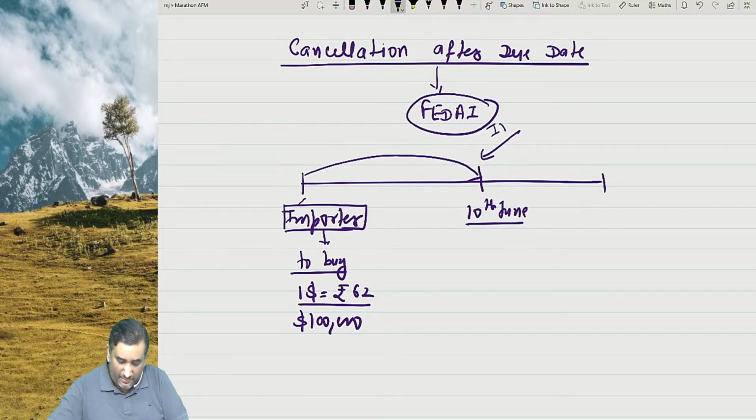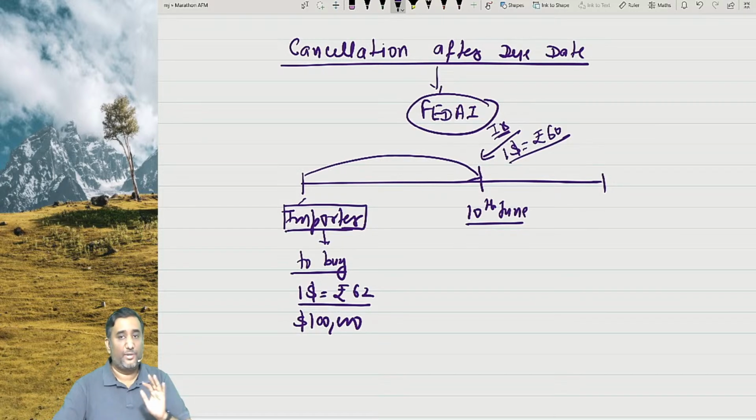In which market will he buy? Interbank rate, maybe $1, let's suppose he'll buy at 60. I'm just assuming. That means you do not know. That shopkeeper only knows what agreement has been done. It is as good as you have given the order to me, you'll come in the evening and take a cake. I have given the order to someone else. That's it. It has been done.